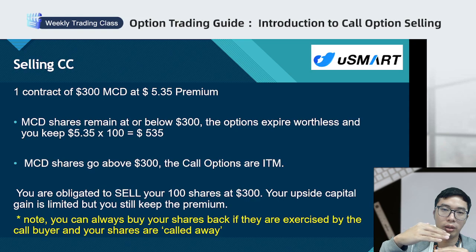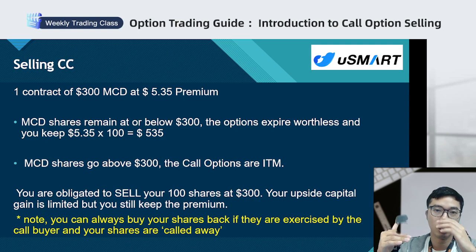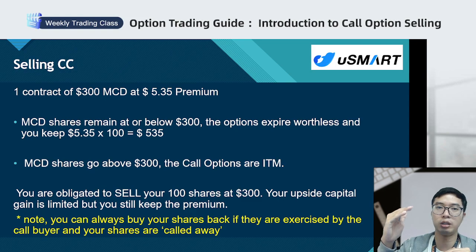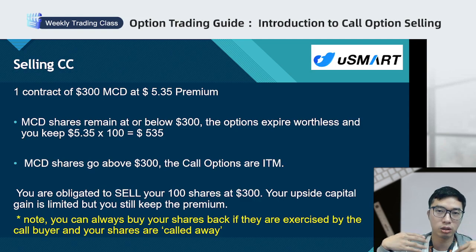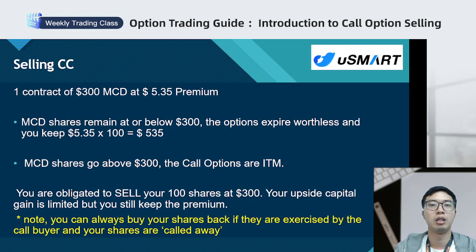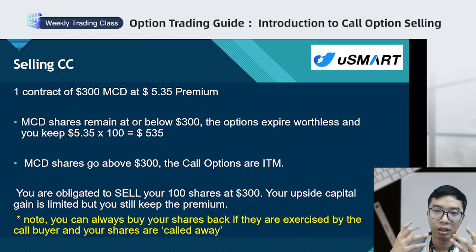So when the price is moving from 200 to 300, while it remains below 300, we take the profit, like $5.35 premium per share. If we hit 300, we realize the 50% return, which is $100 per share return. We sell our stock to the buyers, then we get the cash, and we can actually use the cash to buy back the 100 shares again. So sounds good, right? We can do this always.